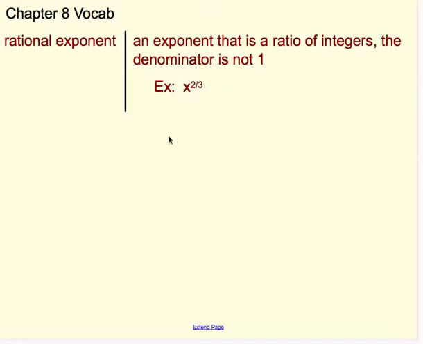form. The square root of x can be rewritten as x to the 1/2 power. So the denominator of the rational exponent is the same as the root of the radical form. So let's say we had the cube root of x.